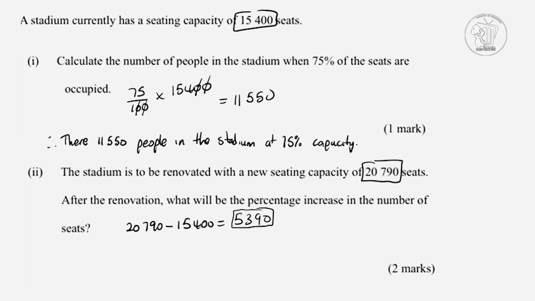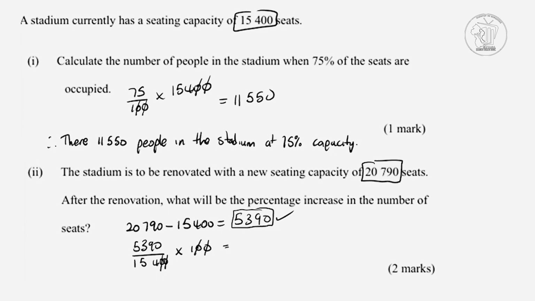So to find the percentage increase, we take this number of seats that will increase, 5,390, and we divide that by the seats that we had before, which is 15,400, and we multiply that by 100, and that will give us the percentage. So this 0 will go with that 0, this 0 cancels with that 0.